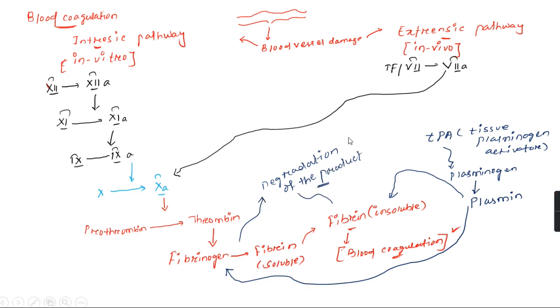Understood or not? Again I am repeating: due to the formation of fibrin, there will be formation of a clot, and due to clotting of the blood several disease conditions arise, which I have discussed in antiplatelet drugs and hypolipidemic drugs.